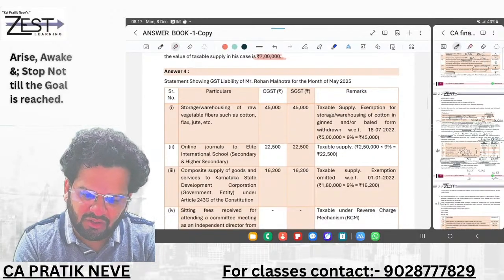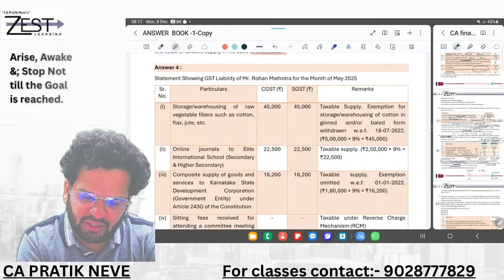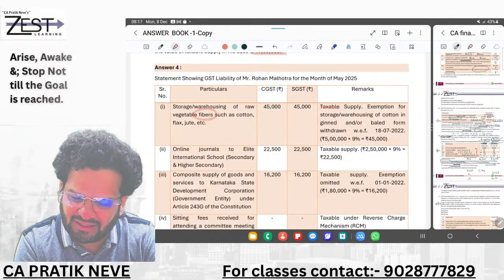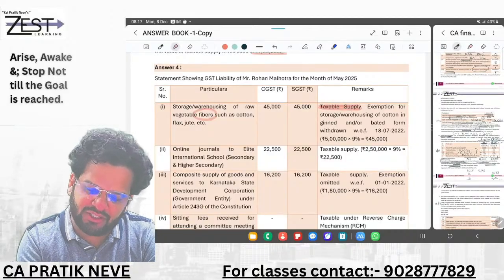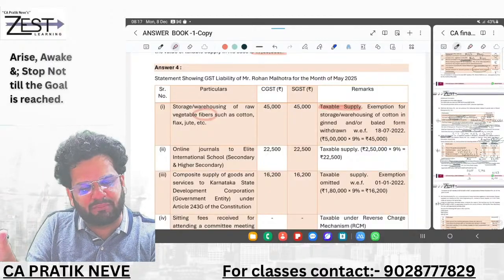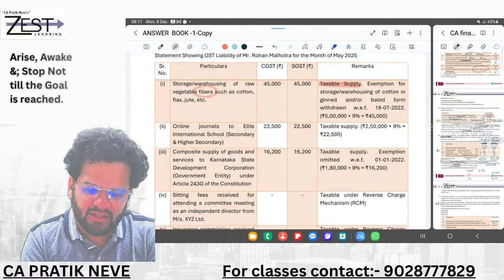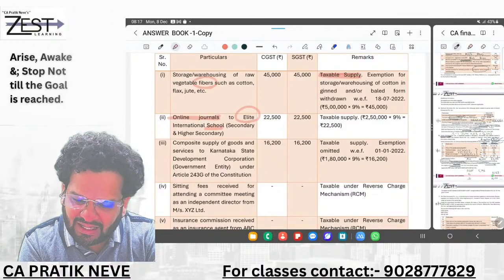So see, storage or warehousing of raw vegetable fibers is going to be a taxable supply. You can directly calculate GST also if you want, or you can first calculate the value of supply and then calculate GST separately. Then online journals, but it is to a school, so it will become taxable.